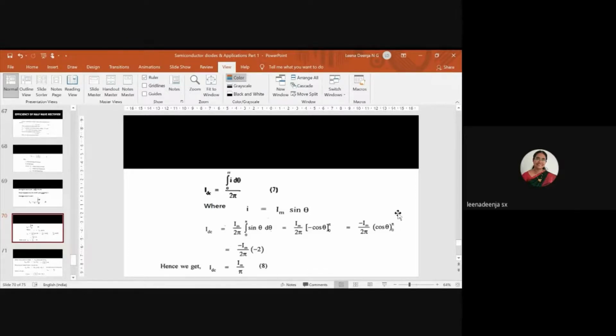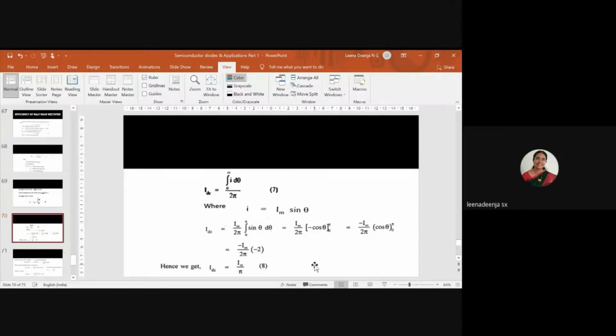Minus 1 minus 1 is equal to minus 2. So it is minus Im by 2 pi into minus 2. Minus minus becomes plus. Then this 2 and 2 we can cancel. So our IDC is now equal to Im by pi.